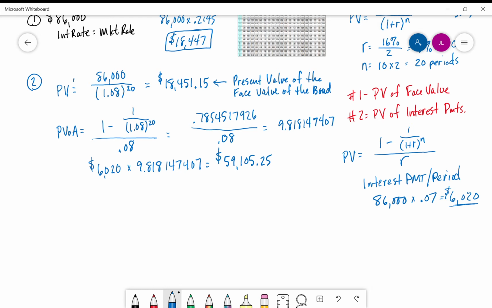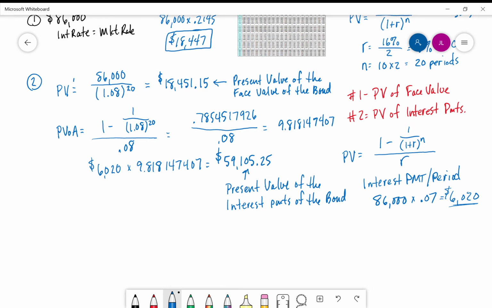Okay, this is the present value of the interest payments of the bond.